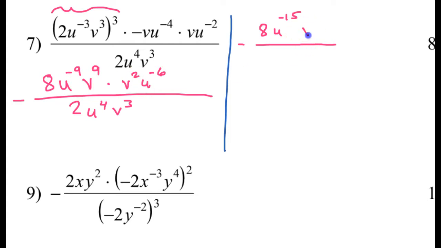And same with the v's, I need to add these exponents. So that's going to be v to the 11th power. Alright, meanwhile down here I've got the 2, and I've got the u to the 4th power, and I've got v to the 3rd power.